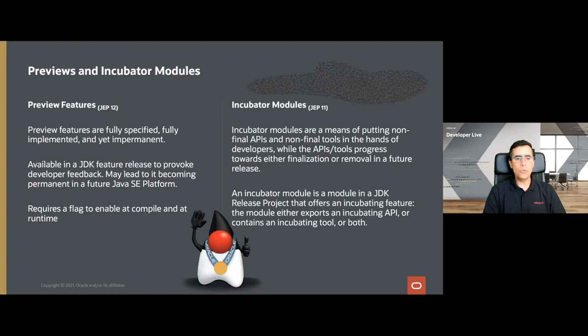They allow us to gather real-world feedback on a planned feature while signaling that it should not yet be considered finalized. Incubators are used for tools and libraries, since those can easily be constrained within the module system. Preview is used for language and VM features, which cannot be neatly contained within a module.